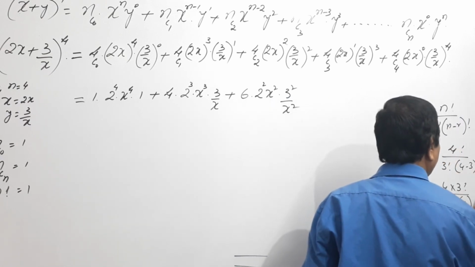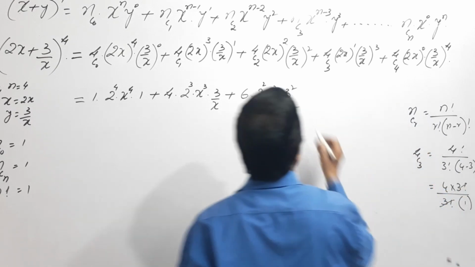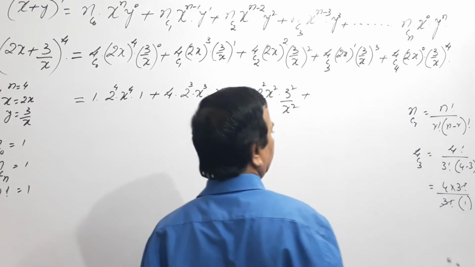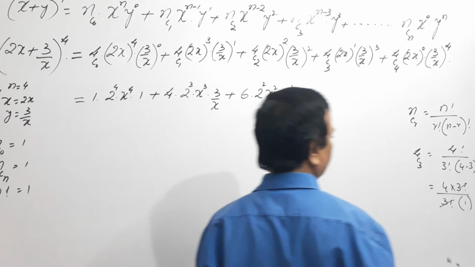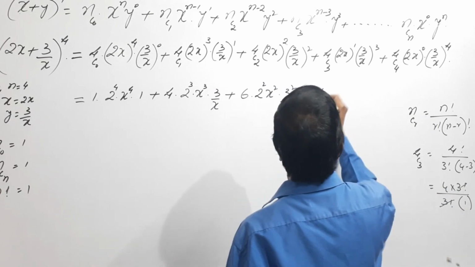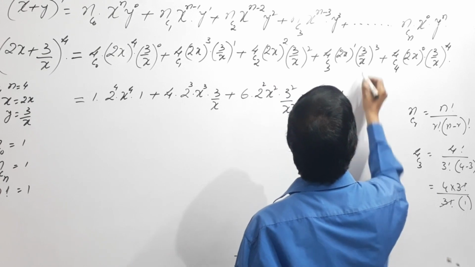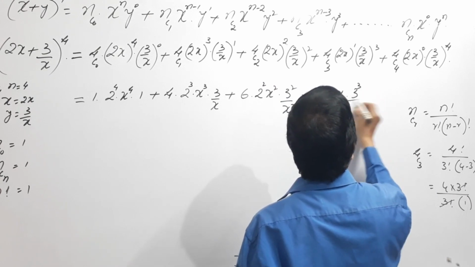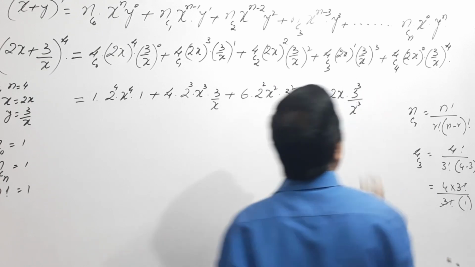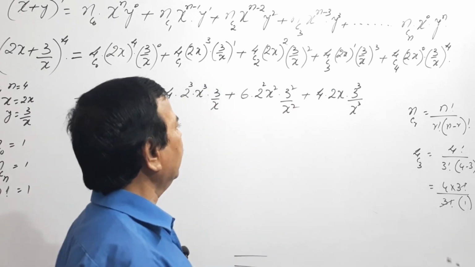The 3 factorials cancel again. So 4C3 becomes 4, into 2x, into 3 to the power of 3 by x to the power of 3. Done.